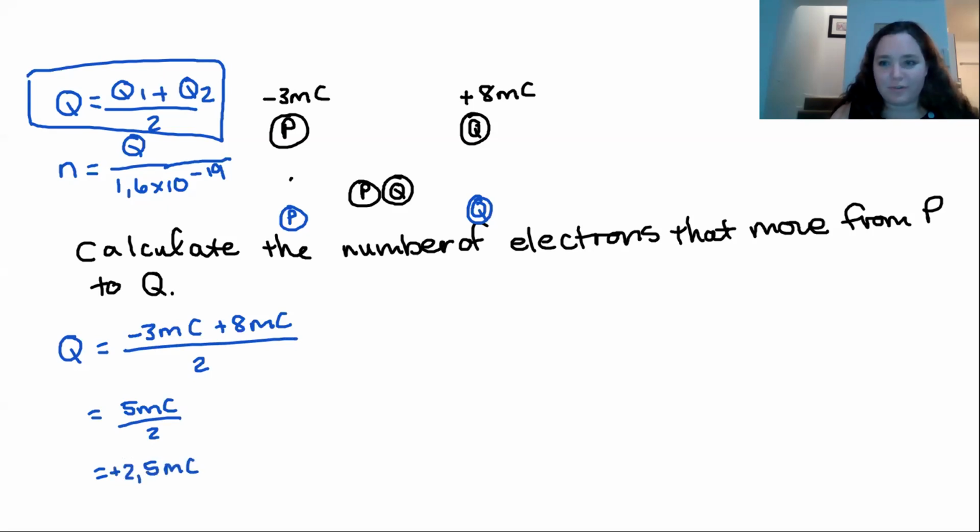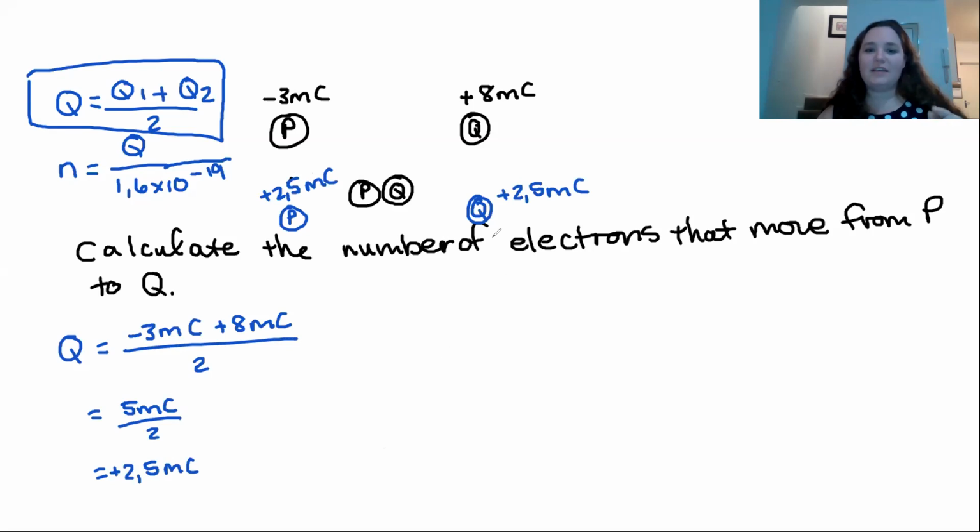Yay, and it's positive. That means that after they've touched, both of them are going to have a charge of 2.5 millicoulombs.